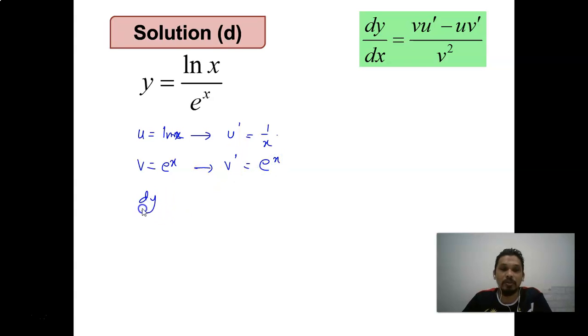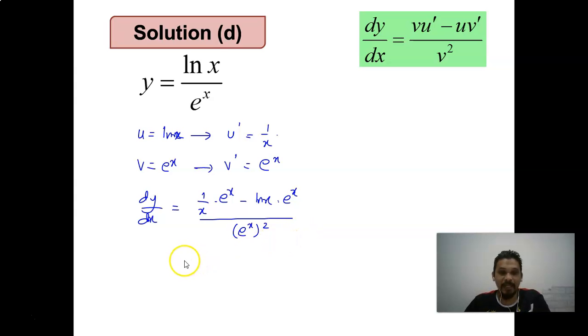So dy/dx equals u prime v, which is 1 over x times e^x, minus u natural log of x times v prime, e to the power of x, divided by v squared, which is (e^x) squared.